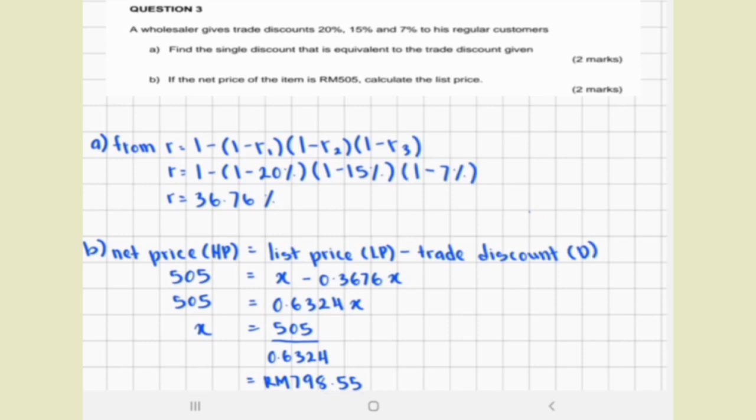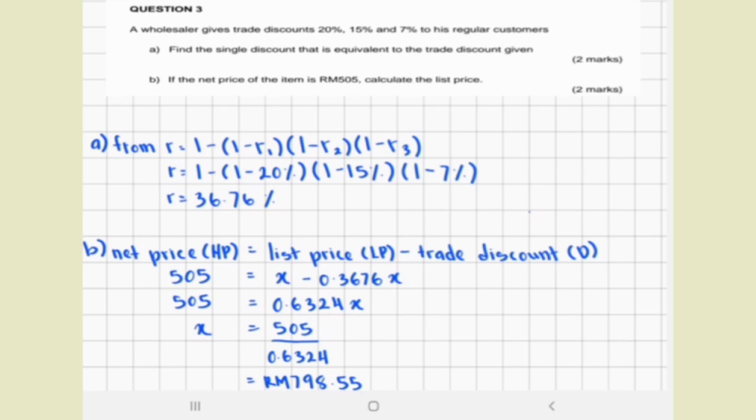B. If the net price of the item is 505 ringgit, calculate the list price. So the formula for B is net price equals list price minus trade discount. 505 equals X minus 0.3676X. So we get 505 equals 0.6324X.